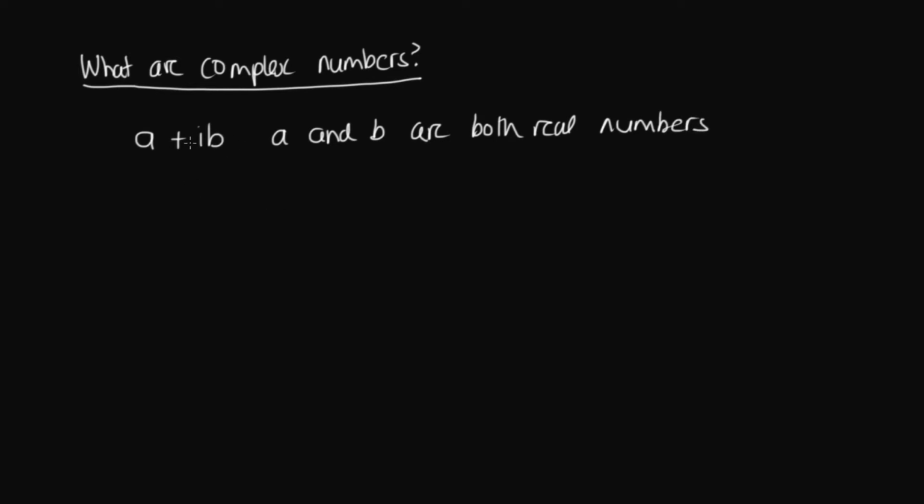And what's special here is the i. So i squared is equal to minus 1. Or if we want, we can say i is equal to the square root of negative 1. Okay, so i is known as an imaginary number, which is why it has the symbol i. And if you square it, you end up with negative 1.